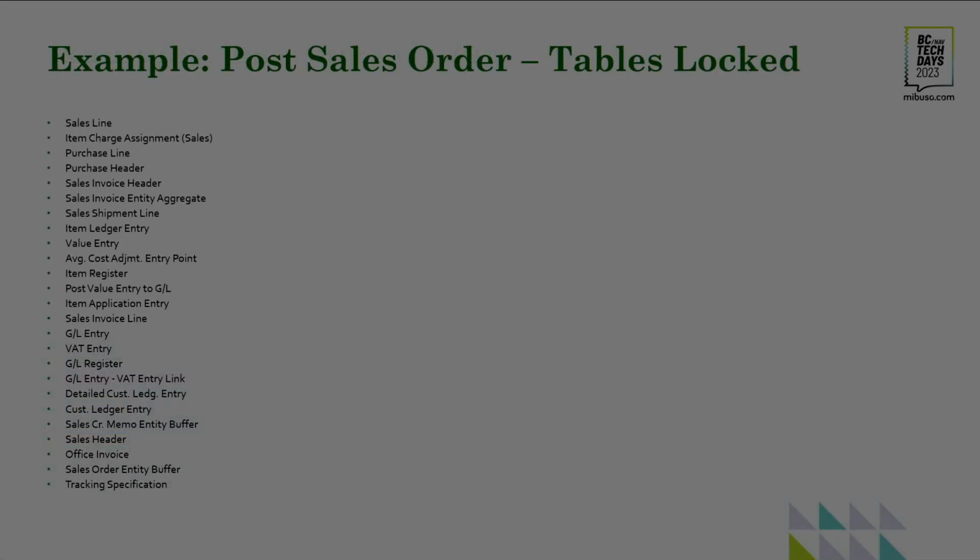Now, what tables do you think will be locked? I should have asked. This is the tables that will at least be attempted to be locked. When I say attempted, we don't know if you actually did go to SQL when I captured this. So if they had gone to SQL, this is the full list of all the tables. There's some quite significant ones there.